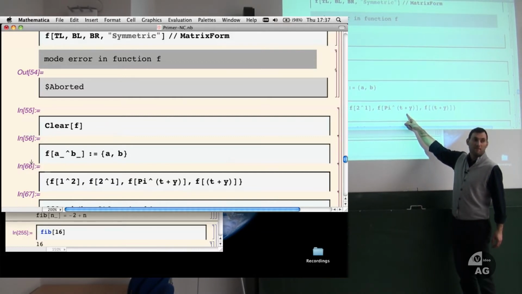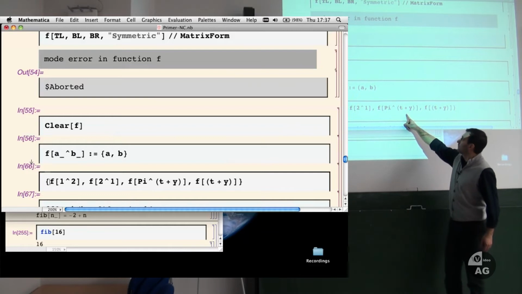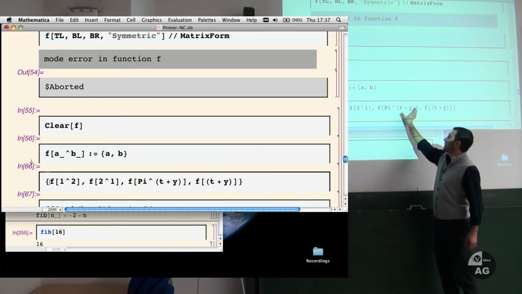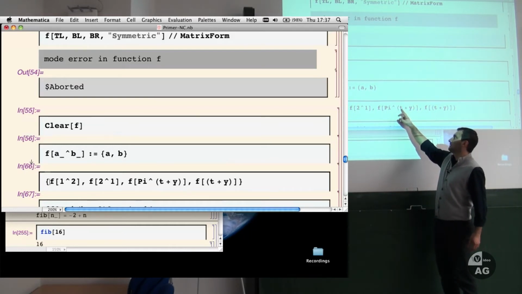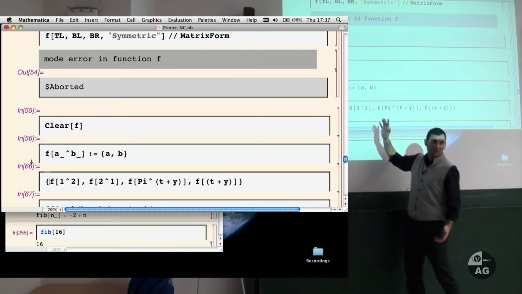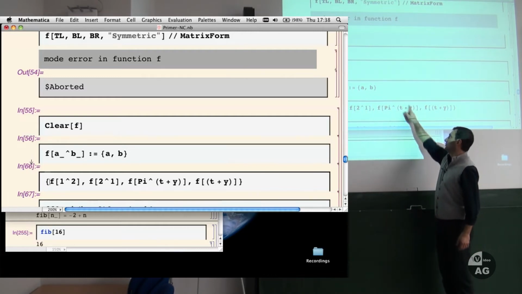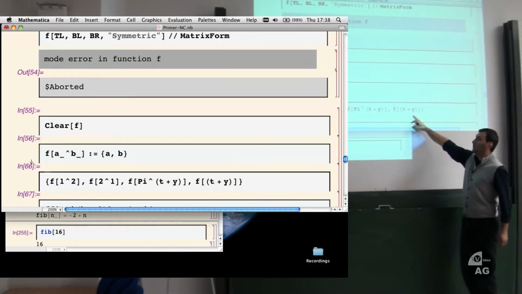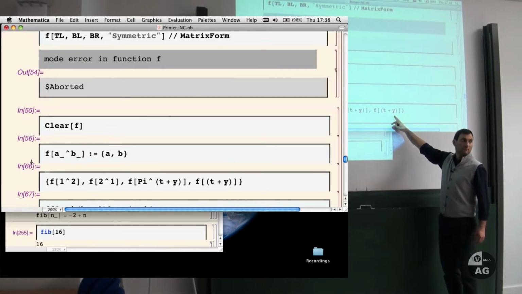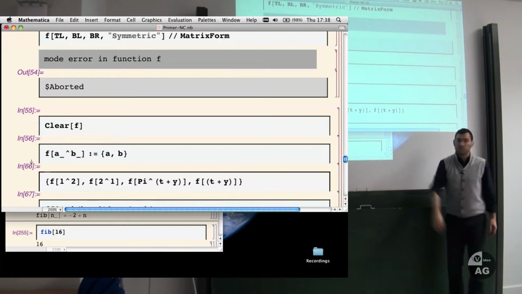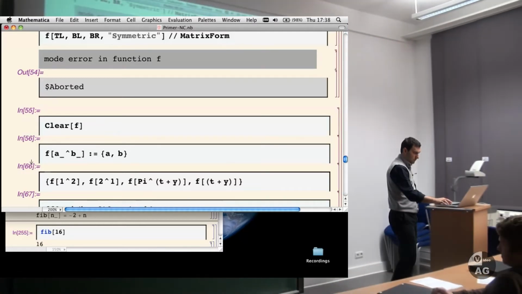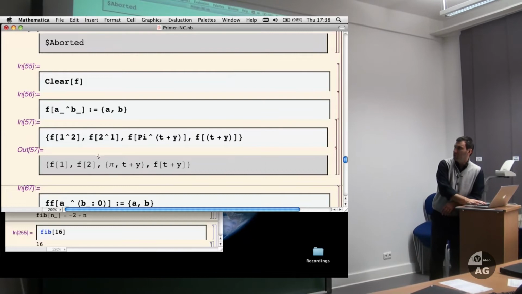Because it's a function, plus is a function. Yes, but this will be plus x comma y. So the exponent will be an expression and it will be matched by b. That's fine. It will all be one single expression. So this is okay. How about this? No. So no match, yes match, no match.